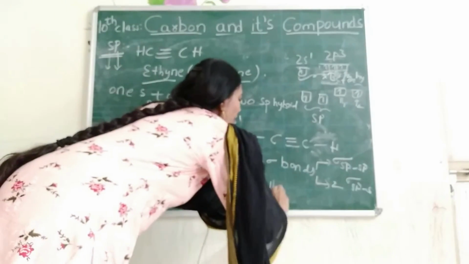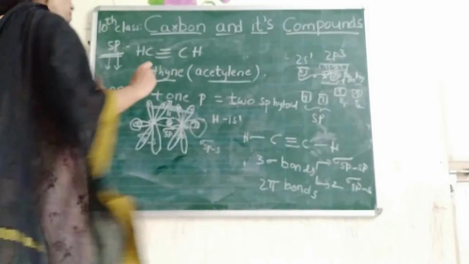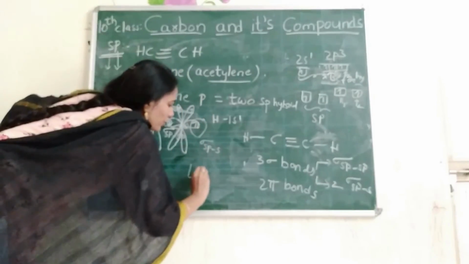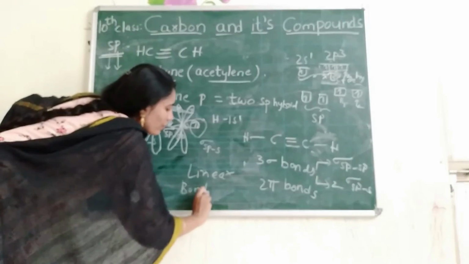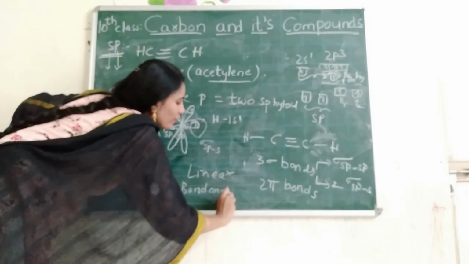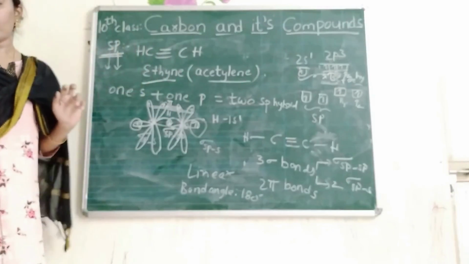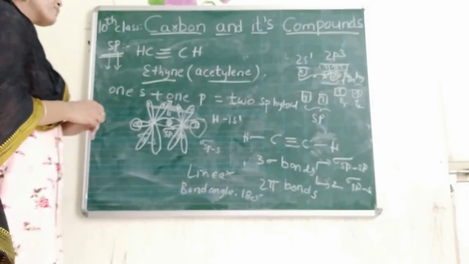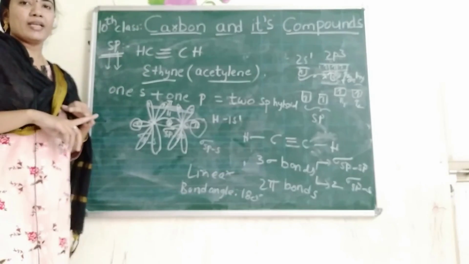And there are 2 pi bonds. What is the shape of this molecule? It is a linear shape. What is the bond angle? 180 degrees. This is about sp3 hybridization, sp2 hybridization and sp hybridization.